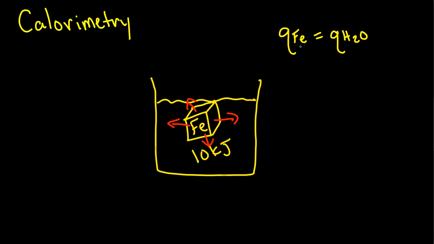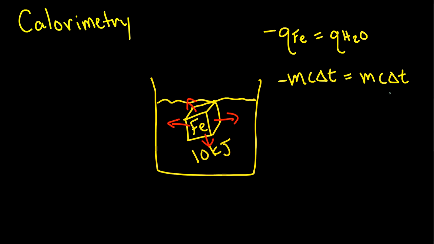Now this iron released its energy and water absorbed it, so we should say the iron energy is negative because it released it, making the water energy positive since it absorbed it. But from one of our last lessons, specific heat, we know that Q is equal to mc delta T. So this energy of the iron system is set equal to this energy of the water system.